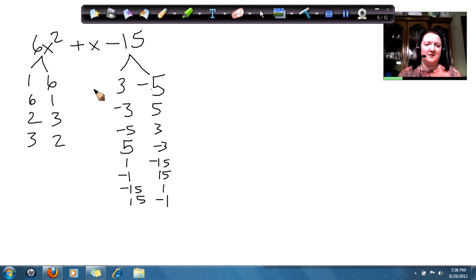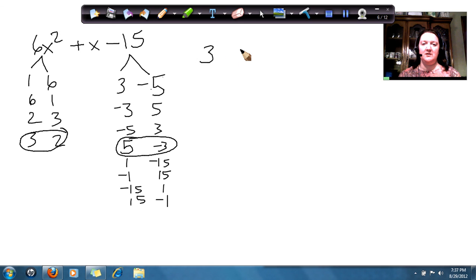So let's work out and see if we can find something that's going to give us a +1. I'm just going to take a look, see if I can see one that jumps out at me. I think I'm going to try this pair and this pair. So if I do 3 and 2 and 5 and -3, I'm going to multiply that together, it's going to give me 10.